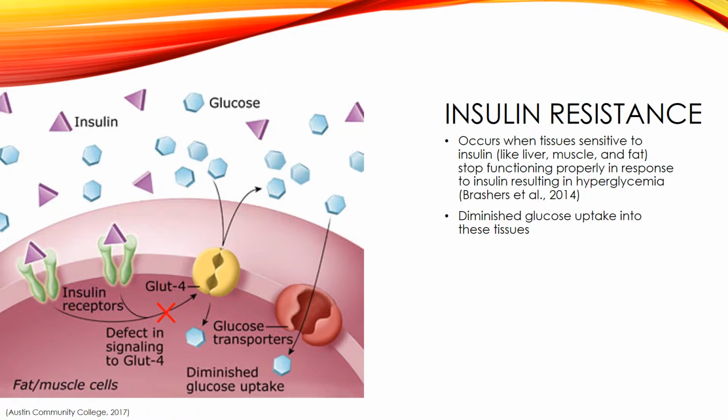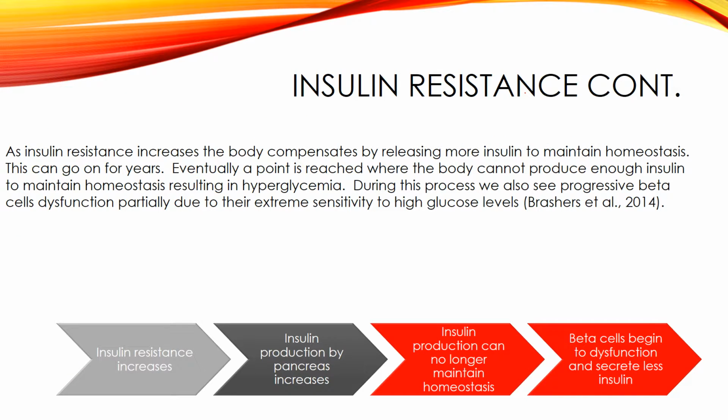In this picture, we can see by this red X here that something is going wrong, and as insulin interacts with insulin receptors, the cascade of events that tell the glucose transporters to bring glucose into the cell has gone wrong. As insulin resistance increases, the body compensates by releasing more insulin to maintain homeostasis.